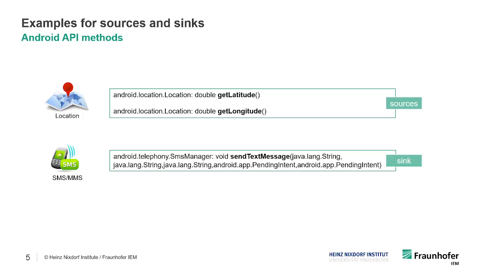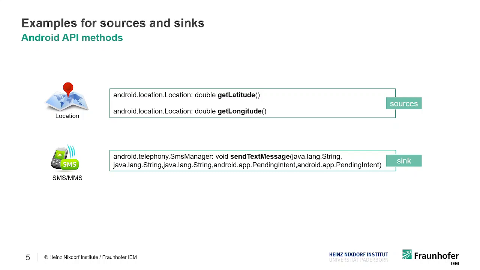So this is a sink because the taint analysis needs to track if any existing taint created from a source can reach the parameter here for sending an SMS. If that is the case, then FlowDroid will create a data flow result which will be reported as a data leak.